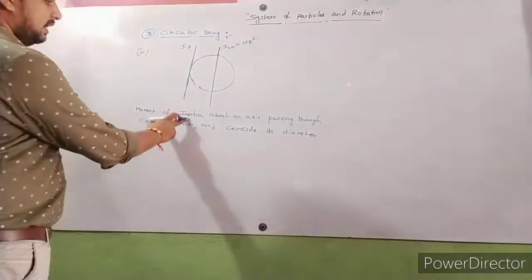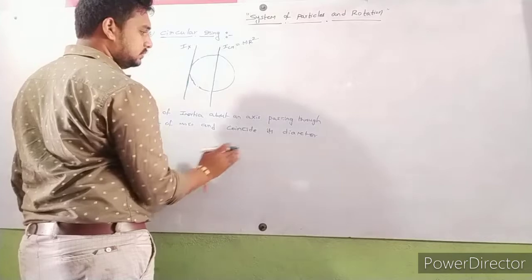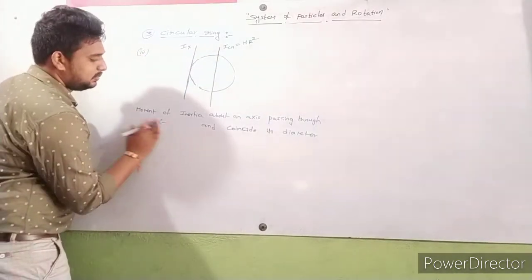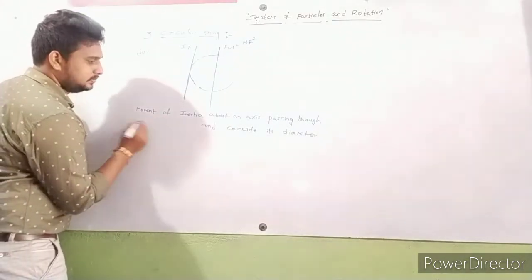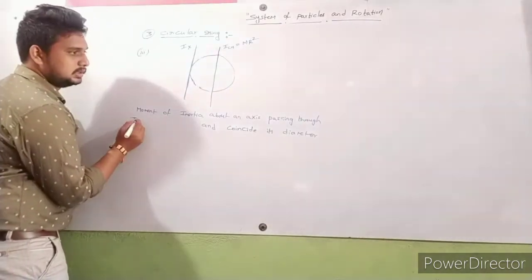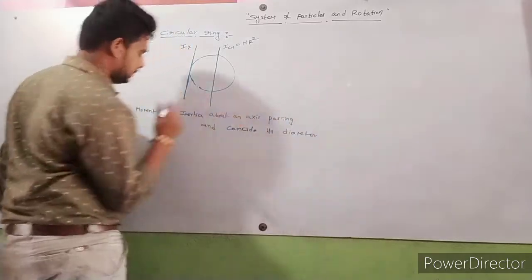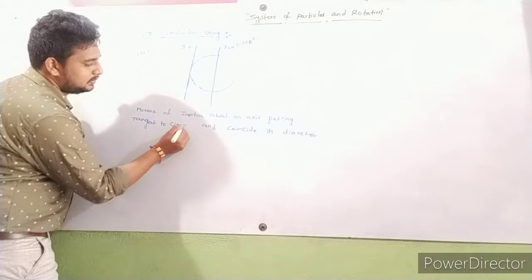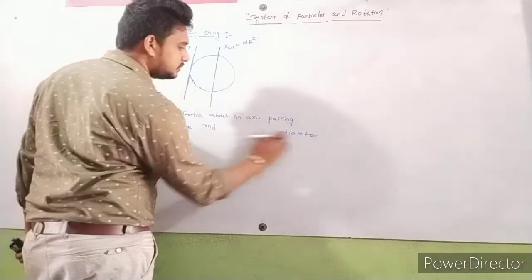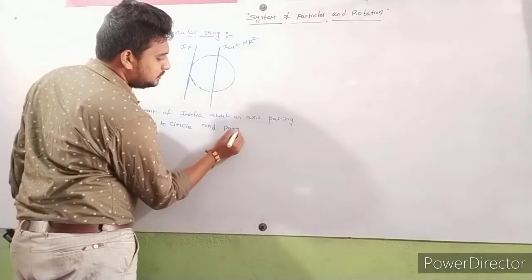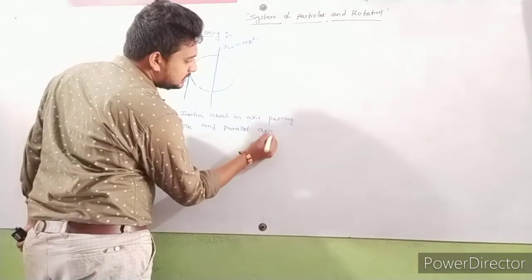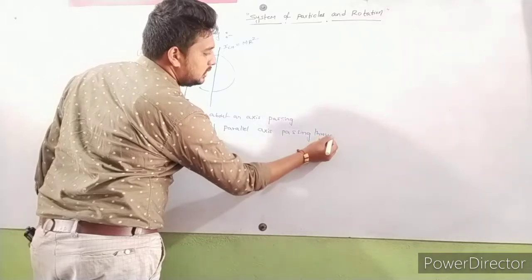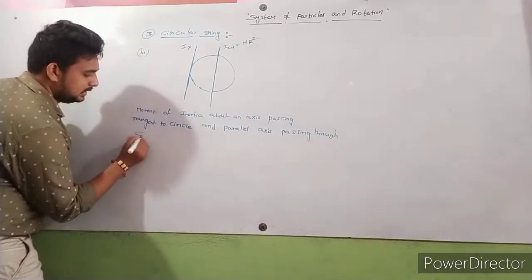Moment of inertia about an x axis tangent to the circle and parallel to the axis passing through center of mass.